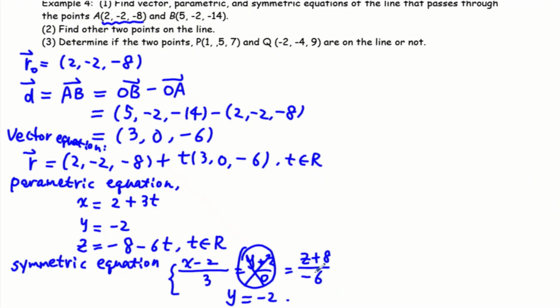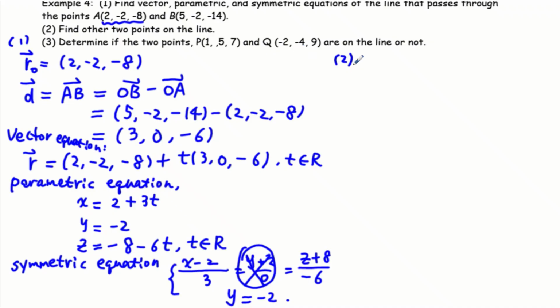Then this is our first part of the answers. Then we are going to do the next one: find any other 2 points on the line. We could pick any of the equations.